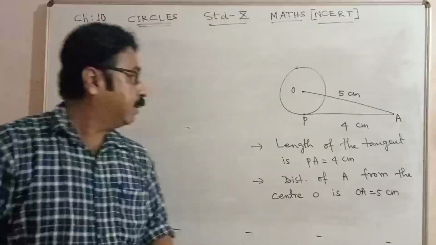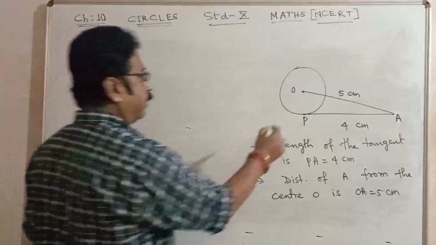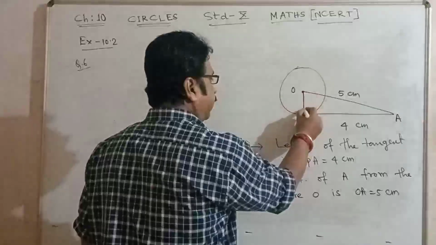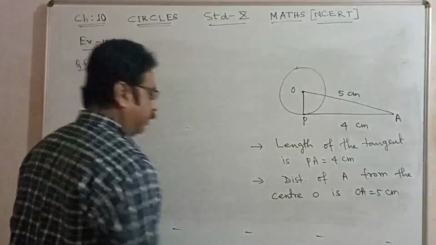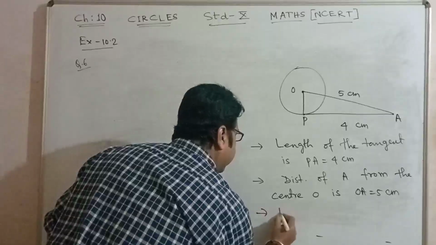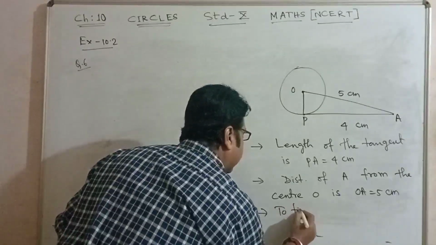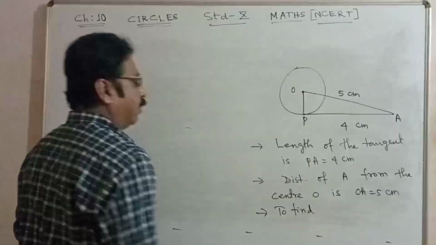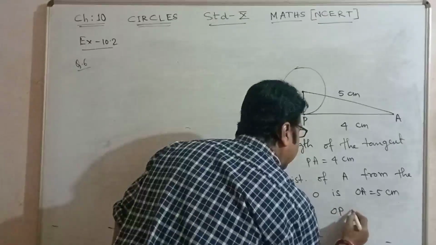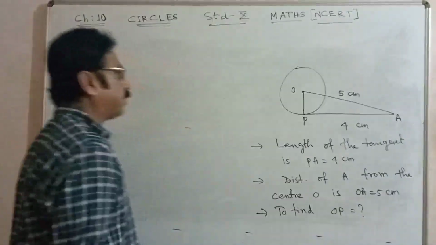Find the radius of the circle. This is the radius of the circle. We have to find this. To find OP, how much is OP?